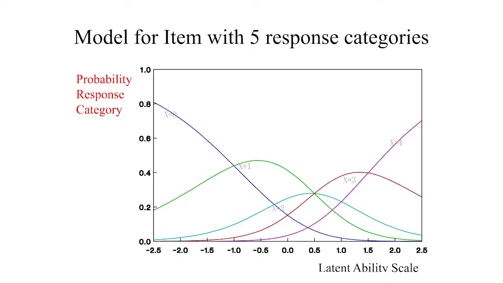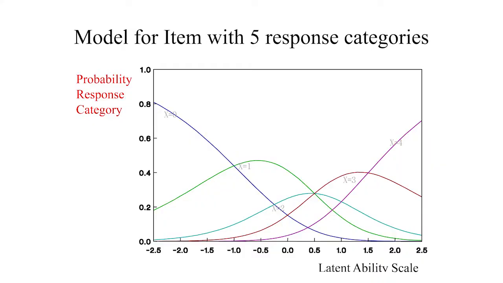And for instance, this one here is a model for polytomous responses. I have 5 response categories, which I code 0, 1, 2, 3, 4. It doesn't have to be that way, but in data sets where we analyze item response theory, we always start with 0.